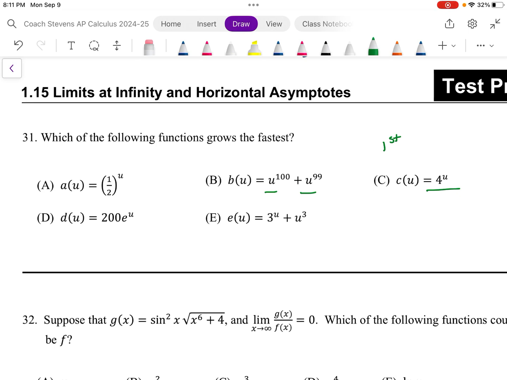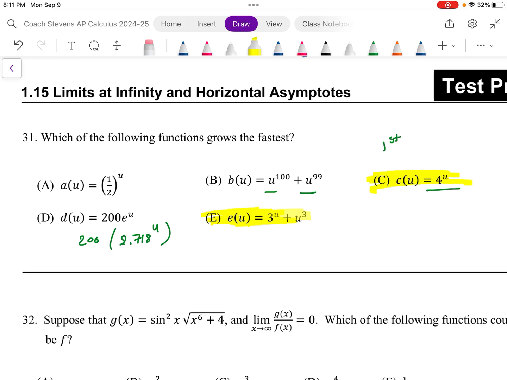And then as I look at D, it's 200 times e to a variable power. Well, e is 2.718, and then I get to multiply that by 200. So what I really like, and I'm going to highlight in yellow, are C and E. I like that first part. That's going to grow pretty fast.